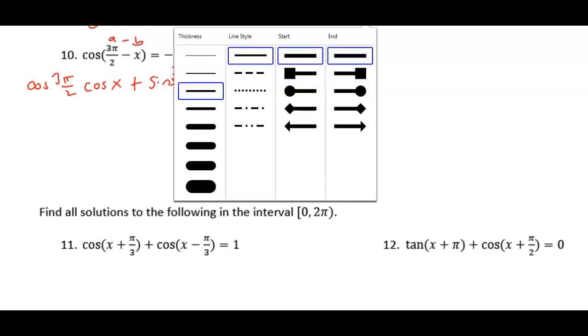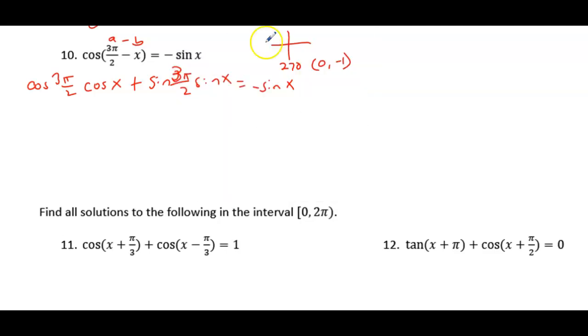So now let's verify it. You have cosine of 3 pi over 2. Cosine is going to be 0 times cosine of X. Sine of 3 pi over 2 is negative 1 times sine of X. Now 0 times cosine of X is 0.